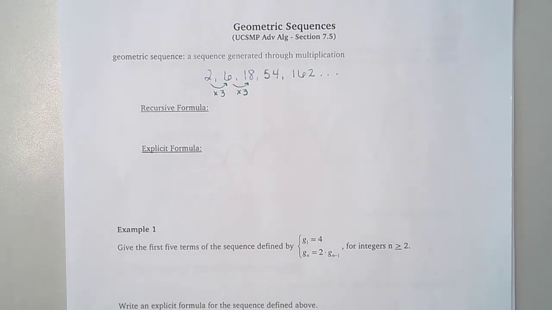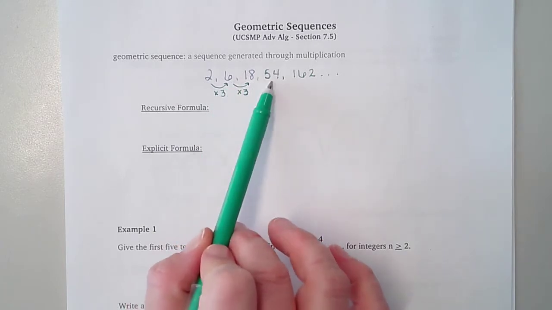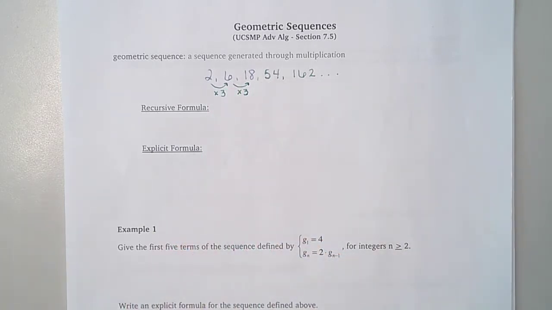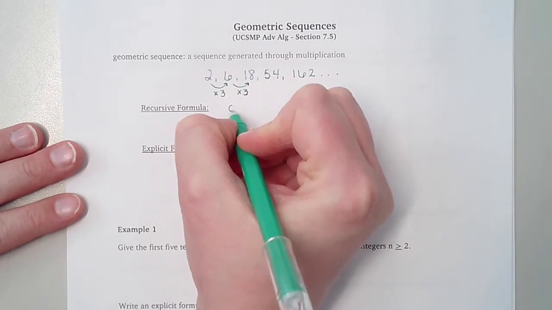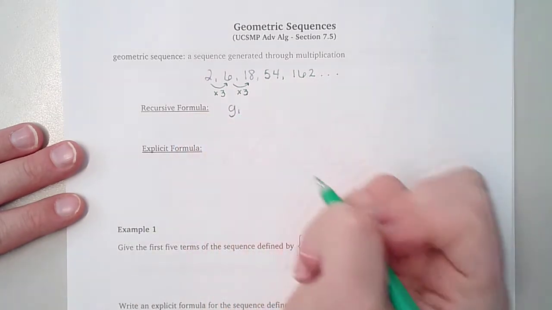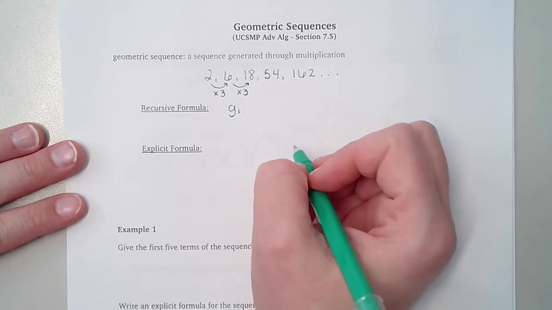So let's remind ourselves what recursive and explicit formulas do. Recursive formulas define a sequence by saying, here's how you get from one term to the next. So in this particular sequence, we would say something like term 1, and I'm using a G because it's a geometric sequence. You could also just use a T for term.